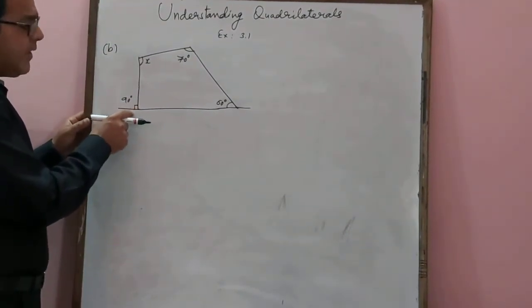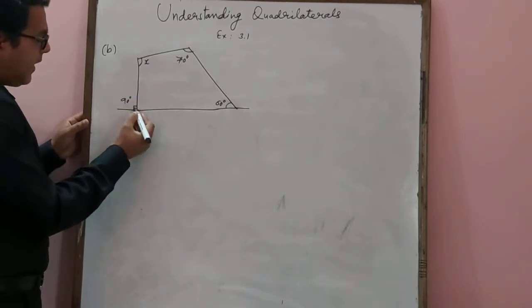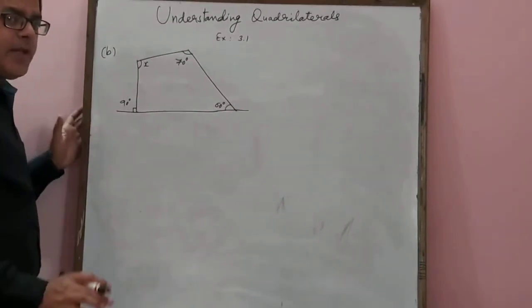Now 90 degrees is given there, and this angle and this angle, these two are making a linear pair.